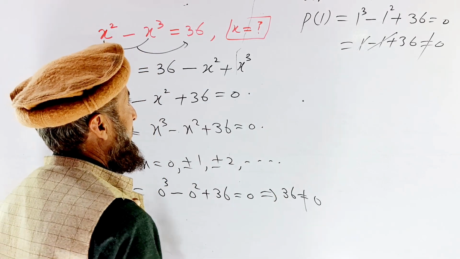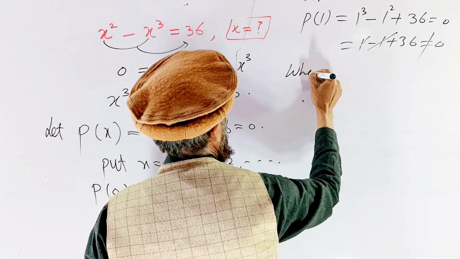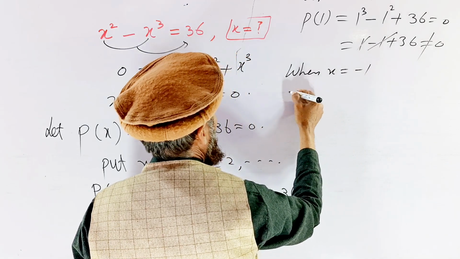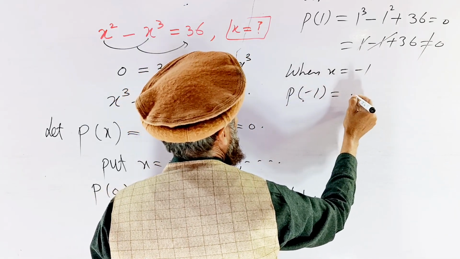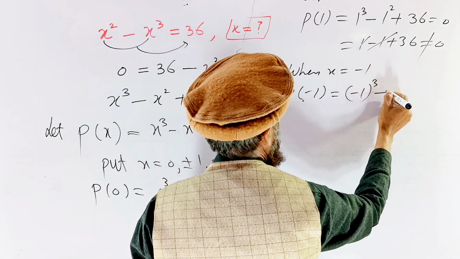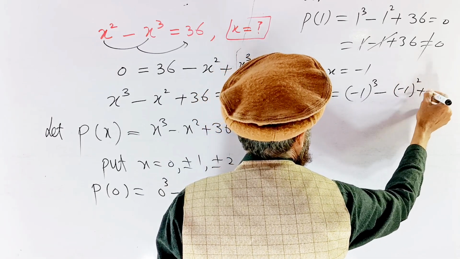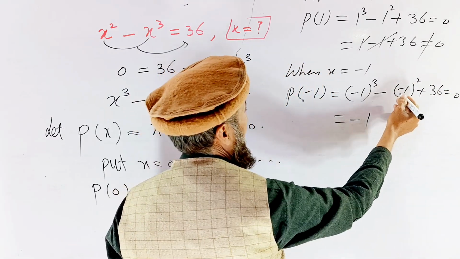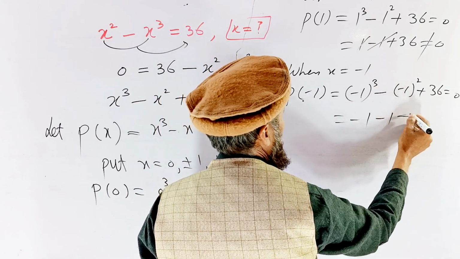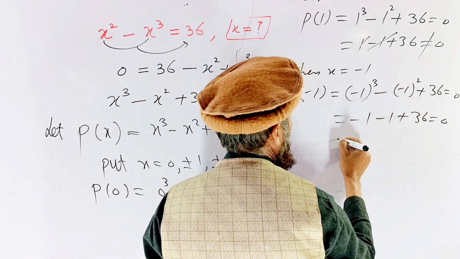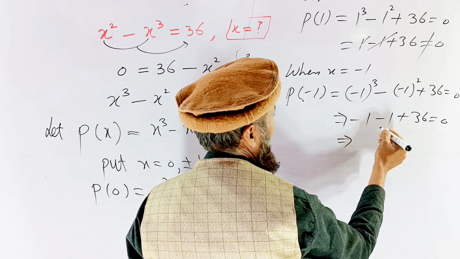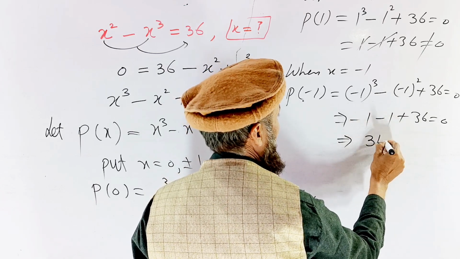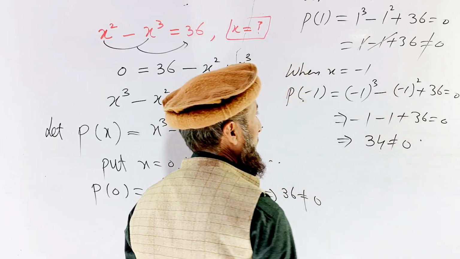Similarly, when x is equal to minus 1, we put minus 1 cube minus 1 square plus 36 is equal to 0. So this is minus 1 minus 1 plus 36. If we add this up, we get 36 minus 2, which is 34. 34 is again not equal to 0.